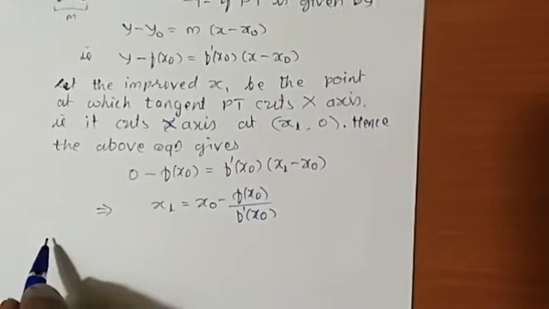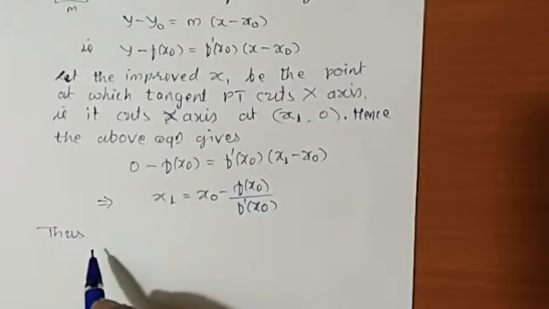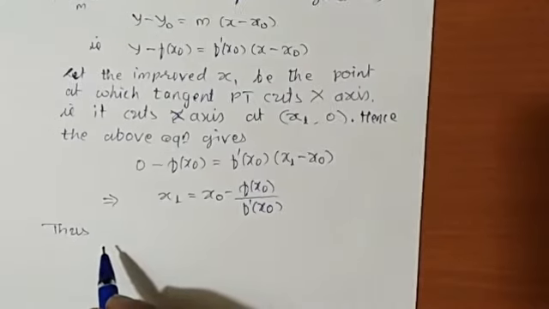So thus, now what is the inference? In the false position method, we considered the chord to arrive at the false position method formula.